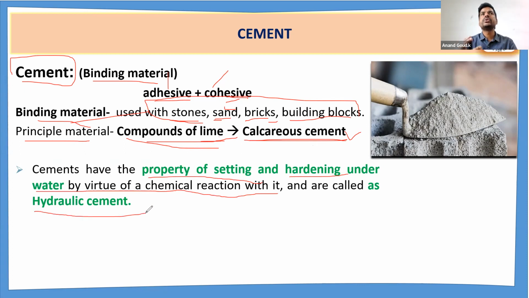Whenever you add water to the cement, only then is it going to gain binding property. Before adding water, you cannot bind the cement powder with other materials, right? If you look at this cement powder, can you bind with it without adding water? No, right? Only when you add water does it gain that binding property, setting and hardening. See below this cement powder, you have one block. How did it become a hard block, a hard material? After some time, because of water only.